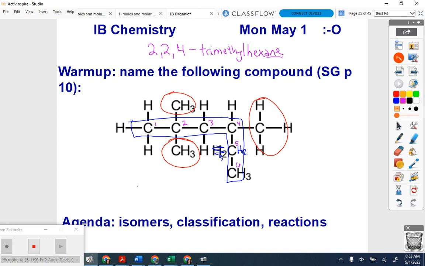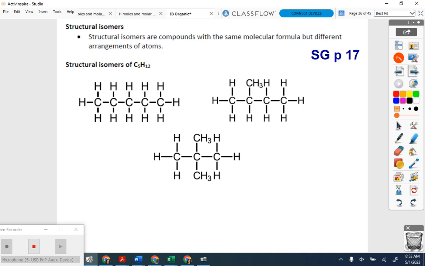Okay. So I'm going to leave the nomenclature behind now. Well, for the most part, we'll name these just for practice. But what I want to start talking about are a couple of other terms that you need to know about the structures of these organic compounds, and then start talking about the reactions, because that's really the last bit of the topic, the different types of reactions of different compounds.